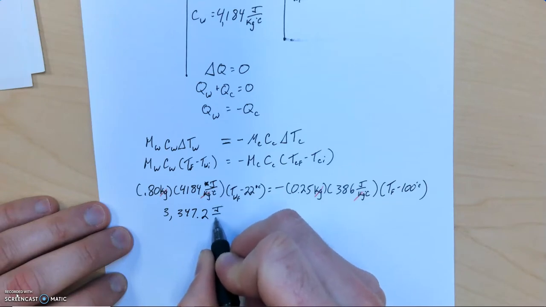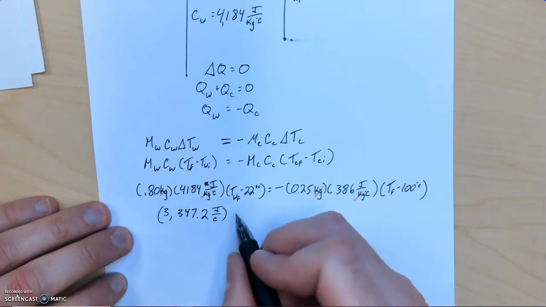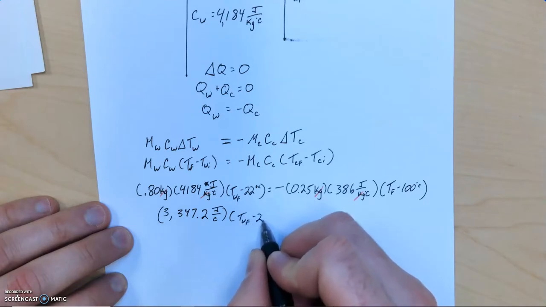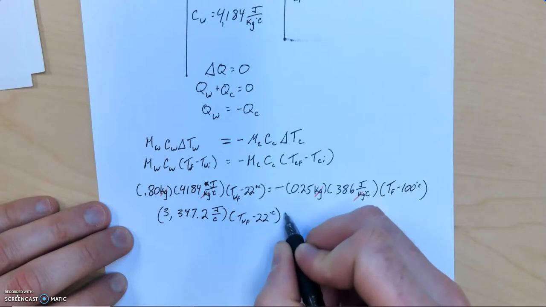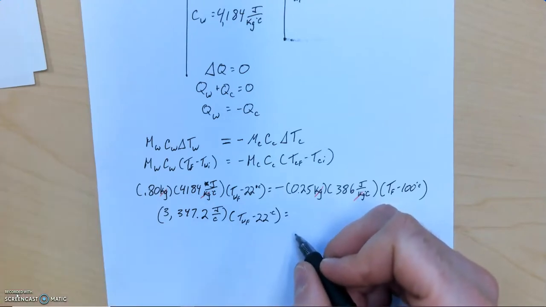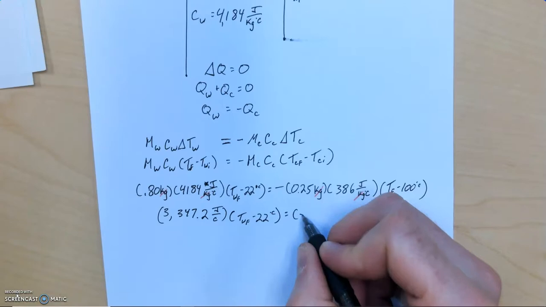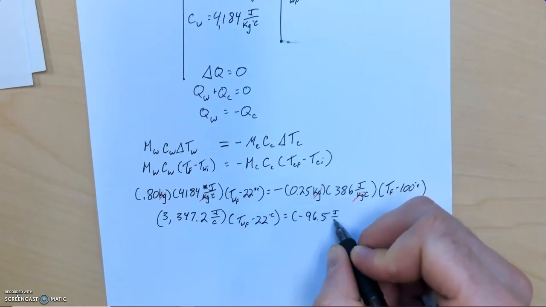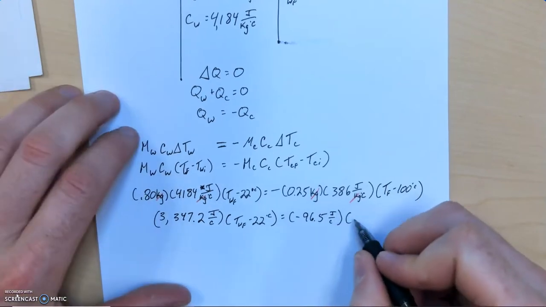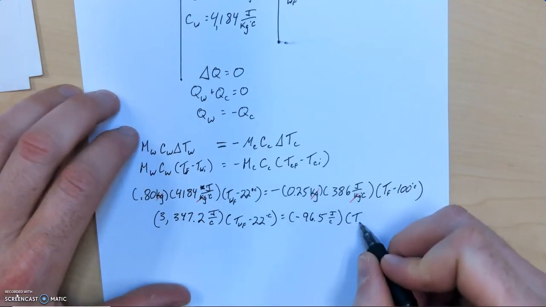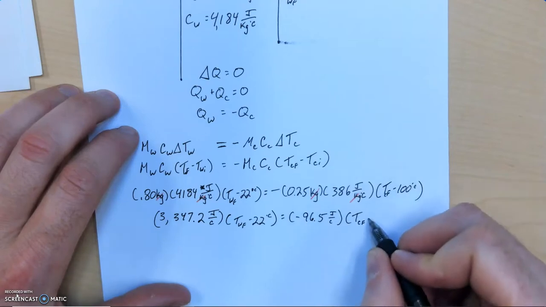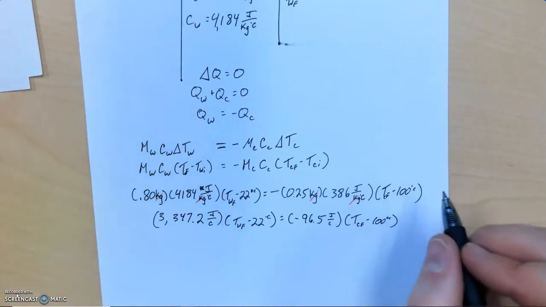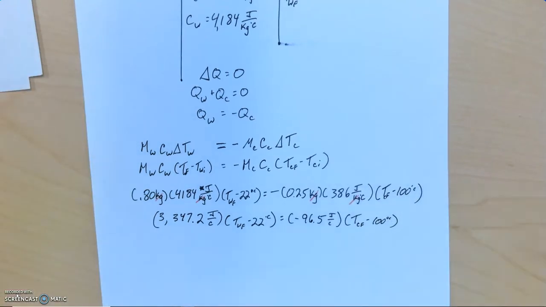That's going to be joules over C. And we still have the final temperature of the water minus 22, and that's going to be equal to minus 96.5 joules over Celsius times the temperature final of the copper, oh, forgot my little C up there, minus 100 degrees Celsius. Okay, and then what do you have to do next?